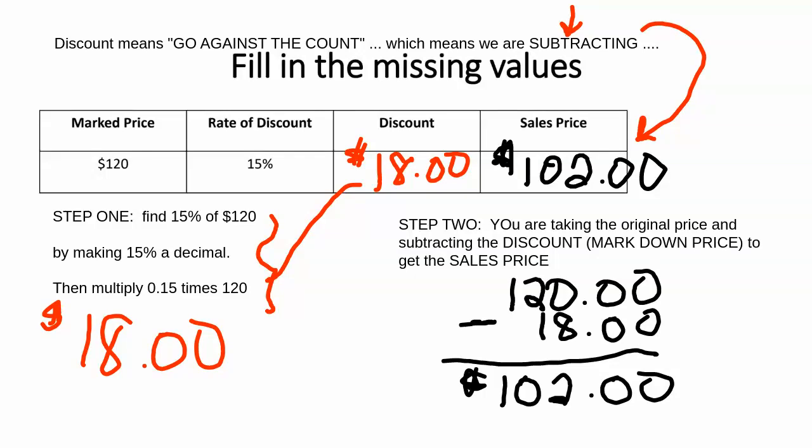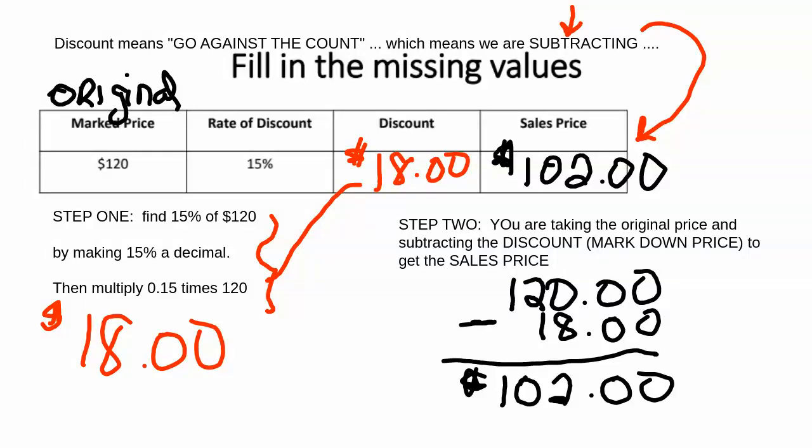Notice sales is the fact that I'm not paying the same amount. Now, marked price is sometimes known as the original price. What you start with, what's on the sales tag.